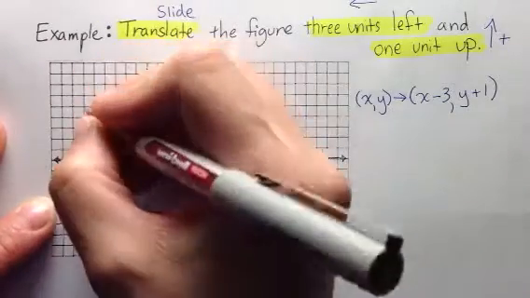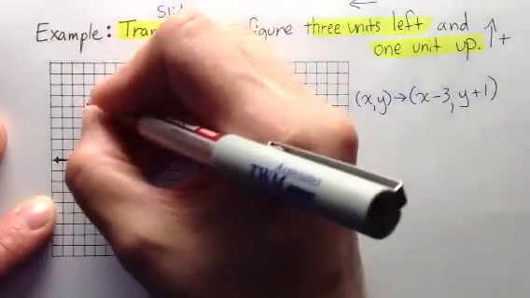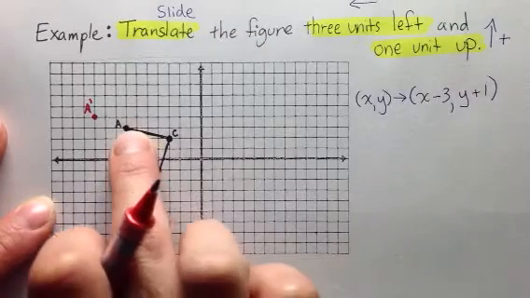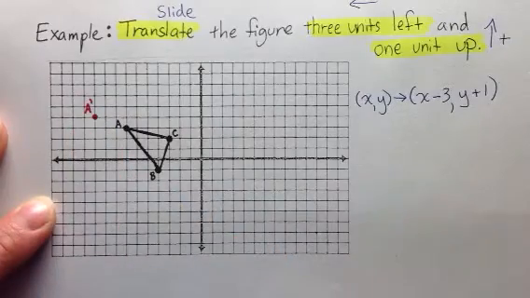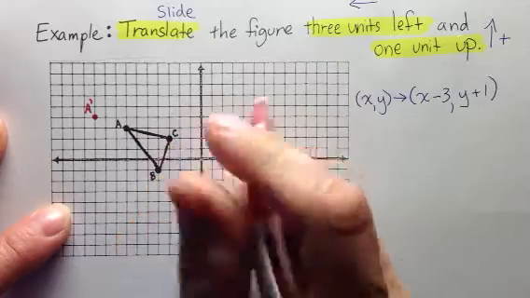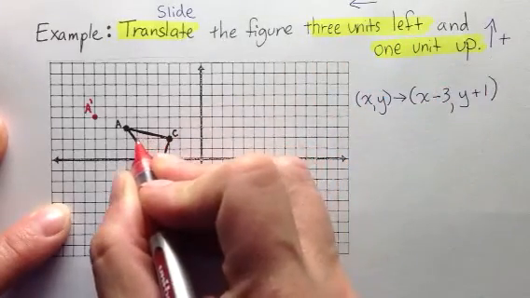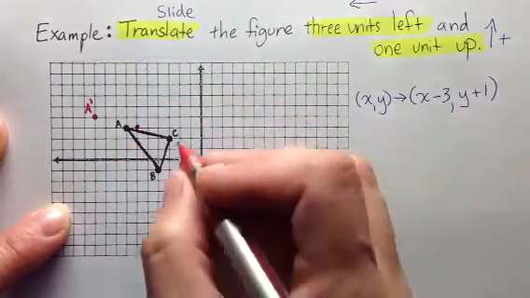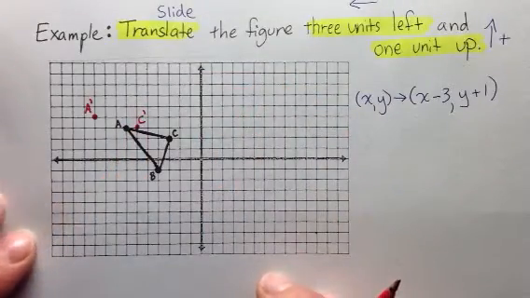Okay. Now this is my new A. Once you make your translation, you're going to put an apostrophe. So that notifies the person that this is the A, this is where we started, and this is called A prime, this is where we finish. Alright, now we're going to do the same thing to the other 2 points. I'm going to go left 3 units, 1, 2, 3, and up 1 unit. And that's when I make my dot. And that was point C, and I'm going to put an apostrophe because I've done my transformation.